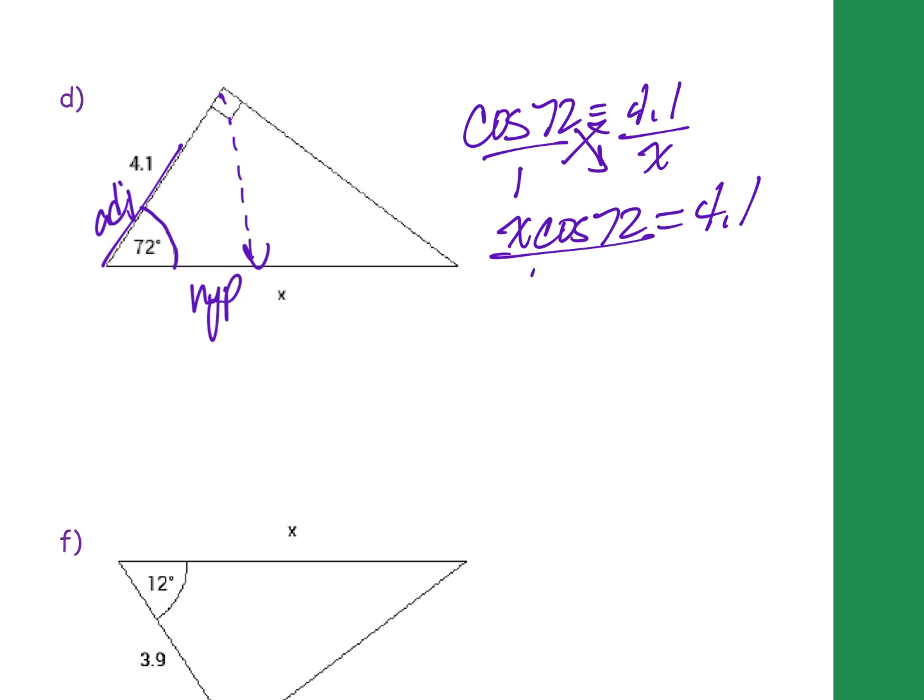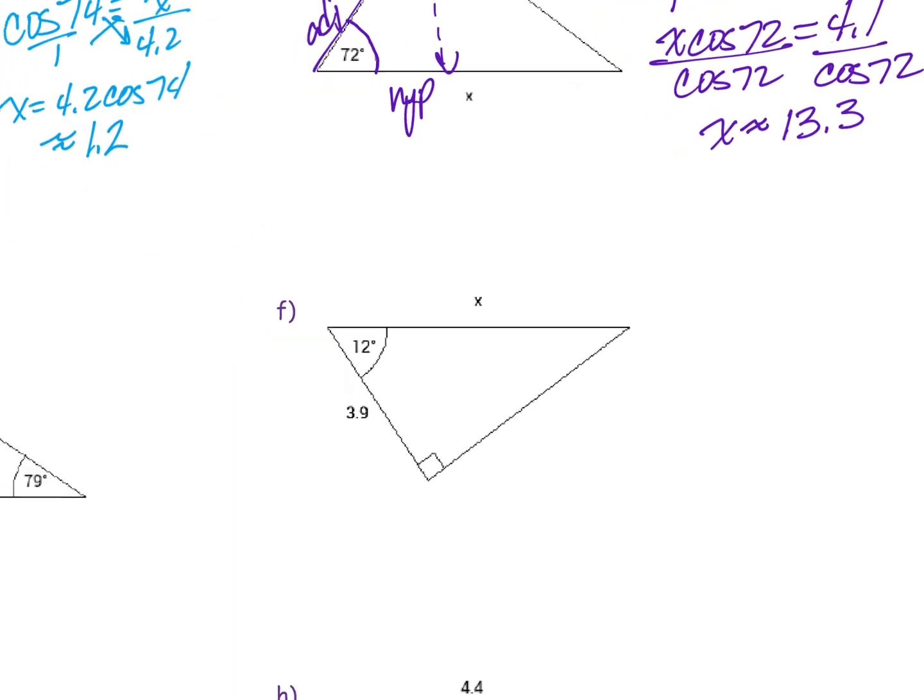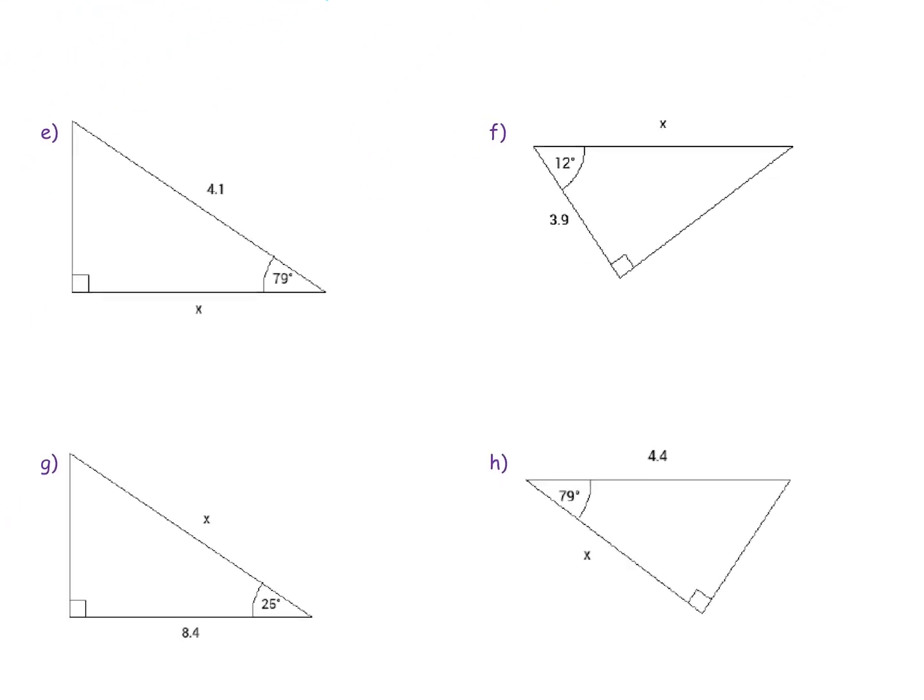Good. Divided by cosine 72 both sides. Good. X is approximately 13.3. Yes, very nice.